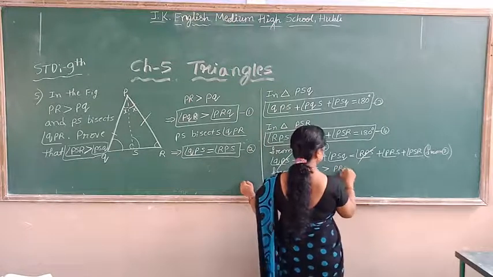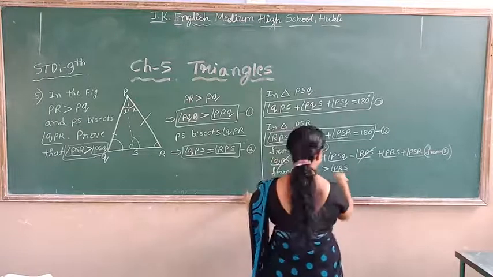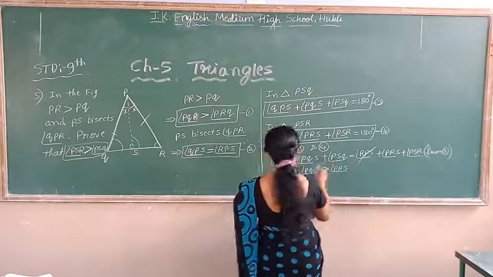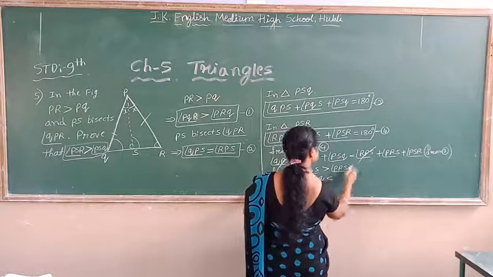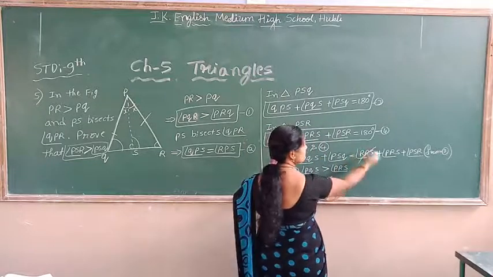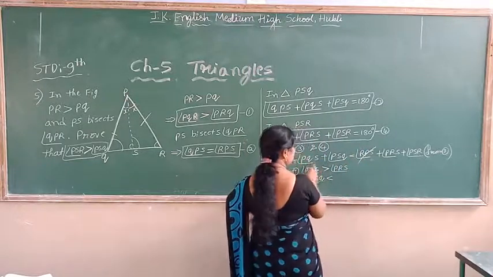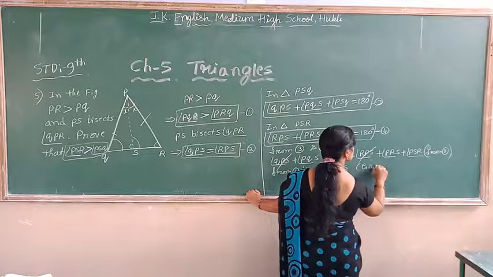If it is greater than this, then definitely the remaining angle PSQ is smaller, because both sums should be equal, and we already know PQS is greater than PRS, as given in the question.